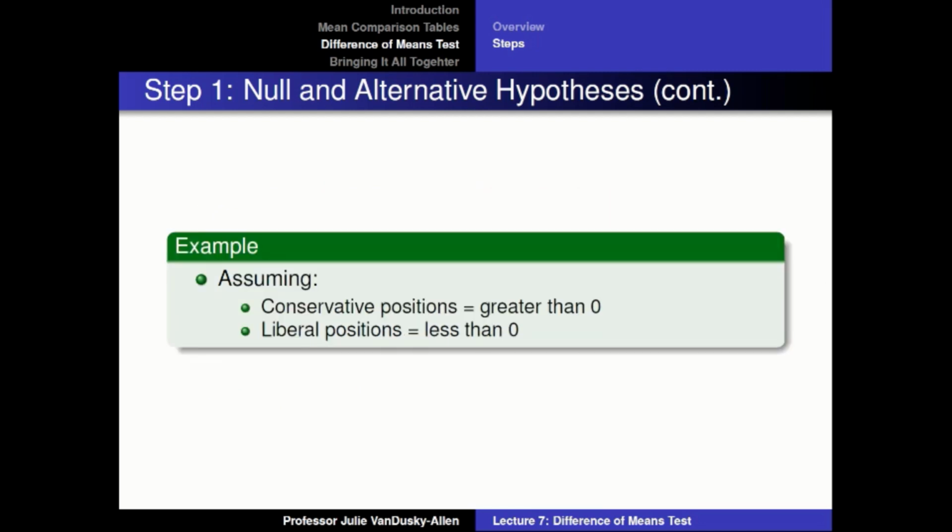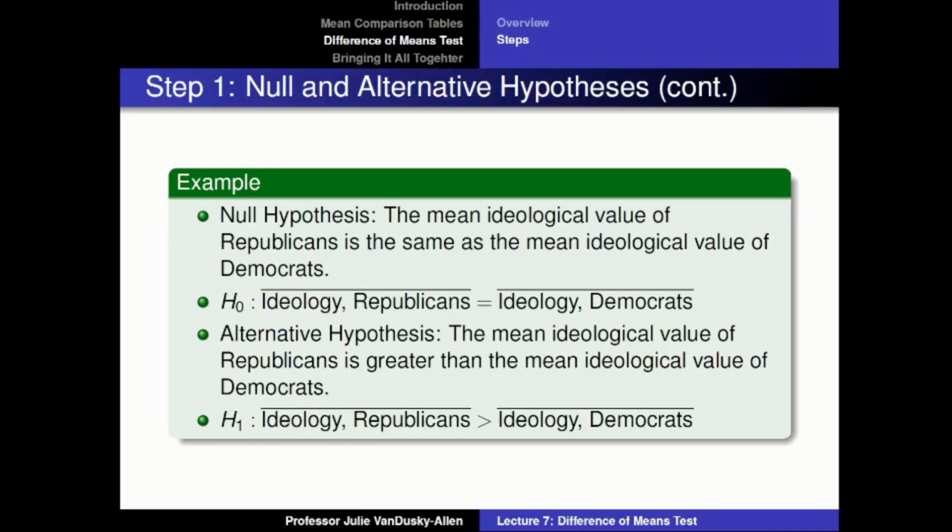Going back to the original argument from the beginning of the lecture, let's assume that conservative positions are greater than 0 and liberal positions are less than 0. Applying this to our example, our null hypothesis should be the mean ideological value of Republicans is the same as the mean ideological value of Democrats.